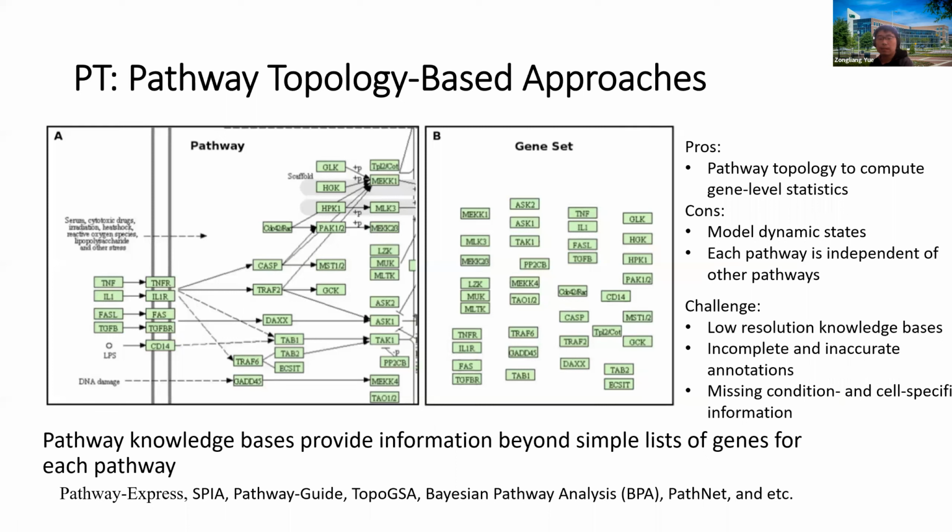Another challenge here is the annotation. Although they highlight the annotation in the pathway topology, the knowledge bases are still low resolution. For example, GWAS data have provided a lot of useful SNPs, but currently we don't have annotations such as which genes are active in a given pathway and whether they can be influenced by the SNPs in a specific condition.